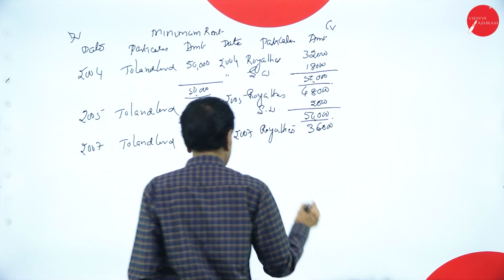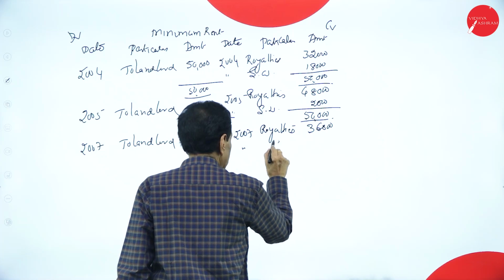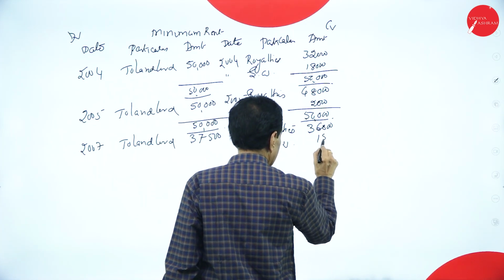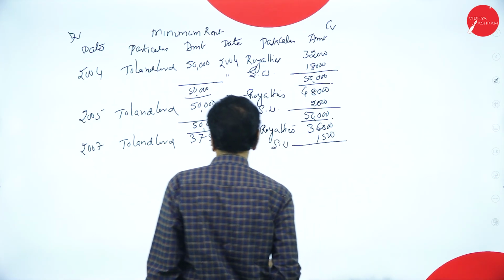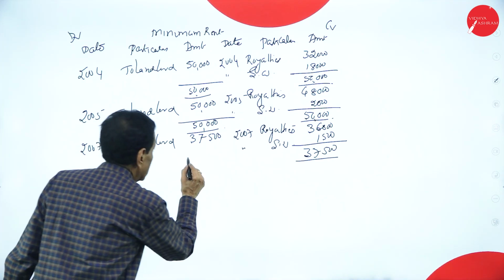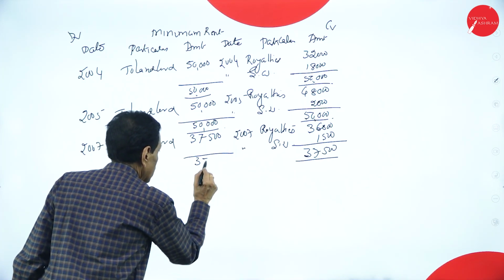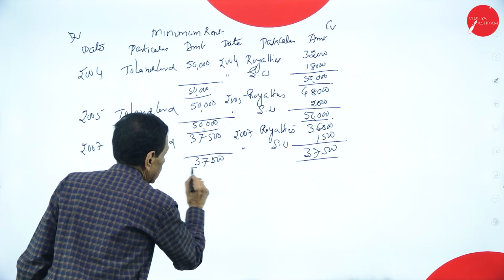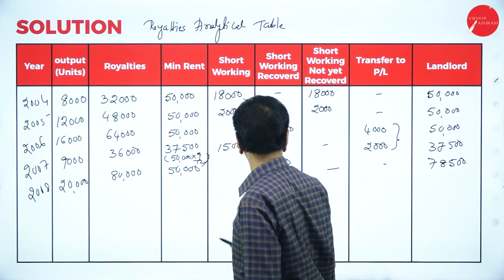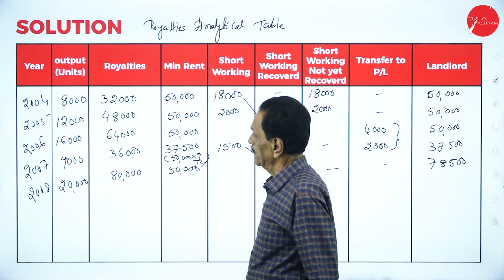Same date, short working 1,500, making 37,500. Come back to next year. So, royalties are more. The question of minimum rent does not come.